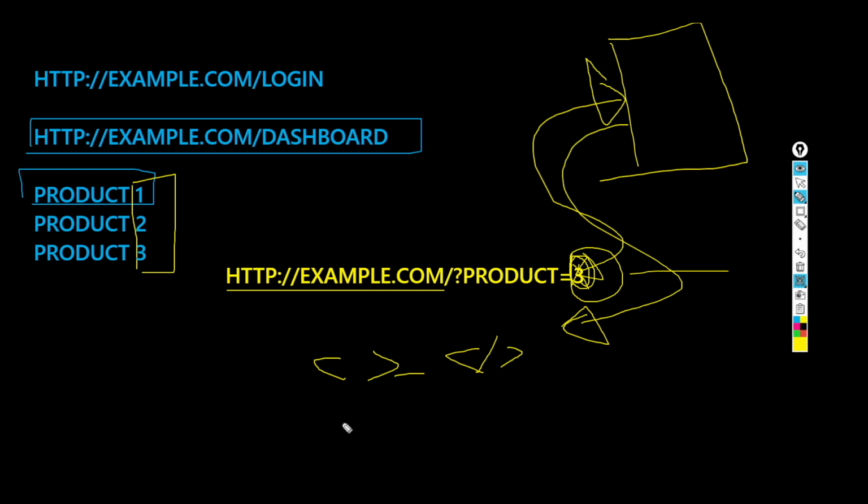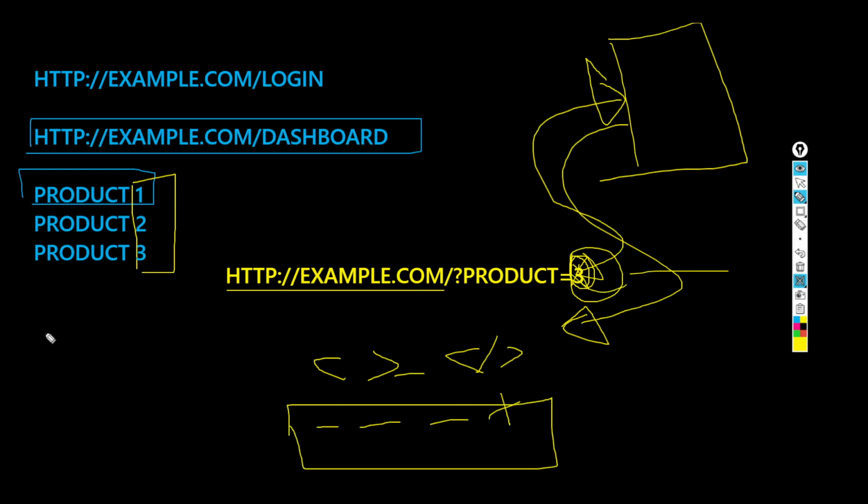If I change this number to some SQL injection code, right, and the server accepts this and runs it as a SQL command, then this is also a vulnerability. Instead of numbers, if I add some special characters and the server accepts this, then this is also a vulnerability. Okay, got it? This is how you have to identify it.